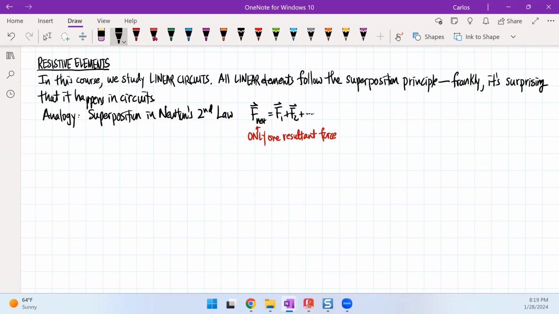And by the way, electric fields also follow superposition. Nature is not that way at the atomic level, but it is at the classical level. Now, to give you a sense of what this means in circuits, let me give you an example.